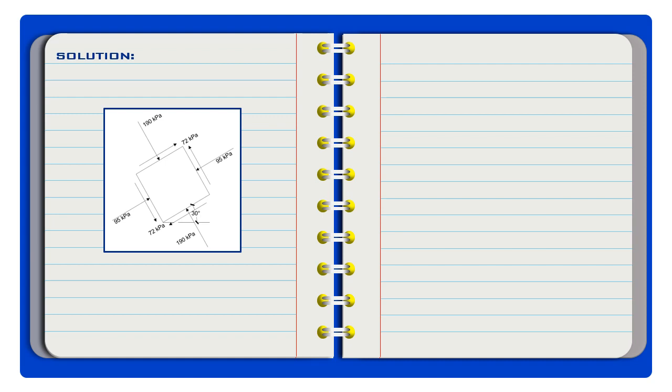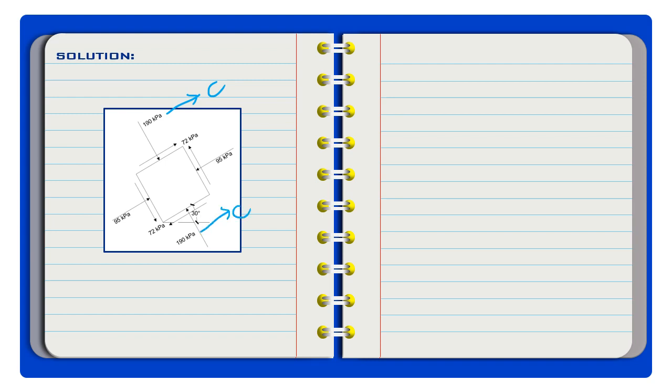So, let's take now the direction of the forces or stresses on the element. The 190 kilopascal, which is acting on this plane and on this plane, is towards the element, or inward. That means this will be a compression for the 190 kilopascal stress.